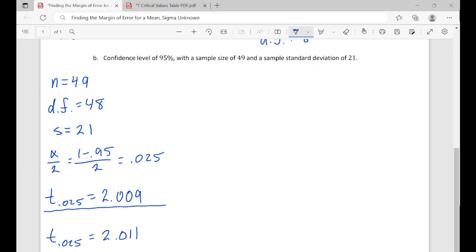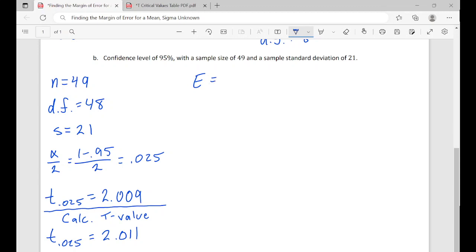So I'll just put this in as the calculator t value. Now it will change the answer a little bit, but not a whole lot, and both answers are technically correct. So once we have our critical value, I'll do both just to show you.